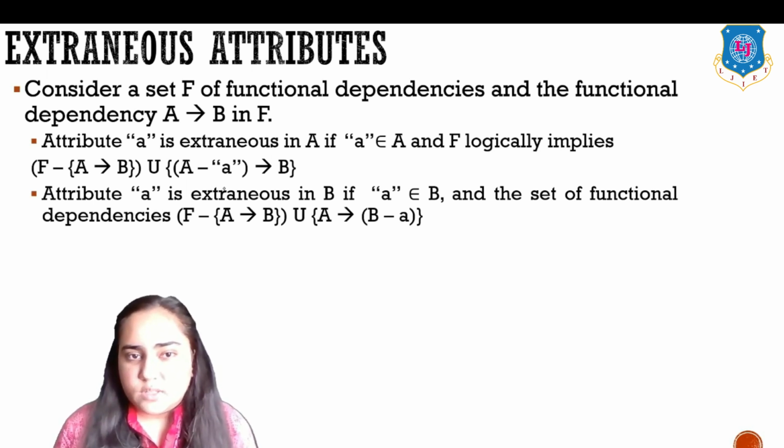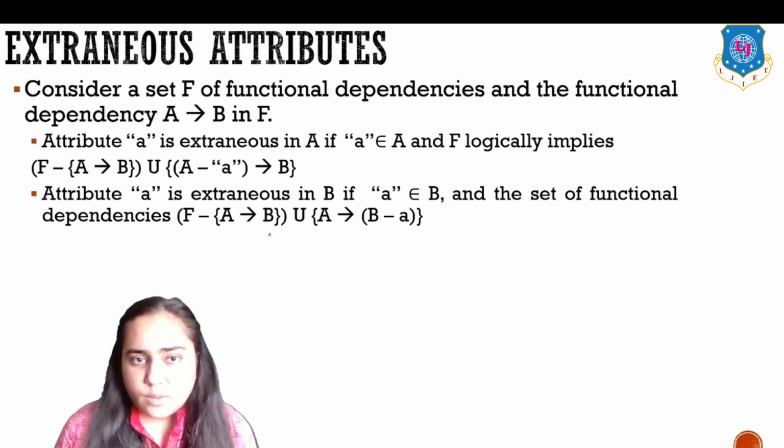And then the second rule is about the right side. This time we are saying that small a is some extra attribute in B, which is on the right-hand side. So you can say that small a belongs to B, and there is a set of functional dependencies. So here you can say F minus A determines B. I'm removing once again the original dependency from here.